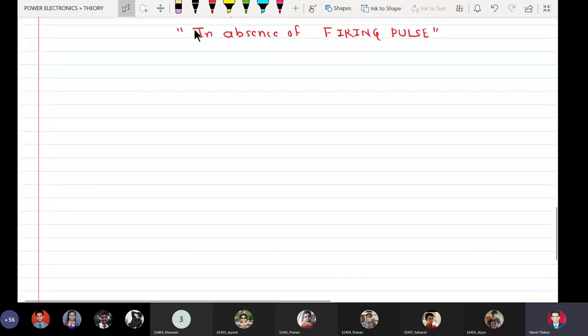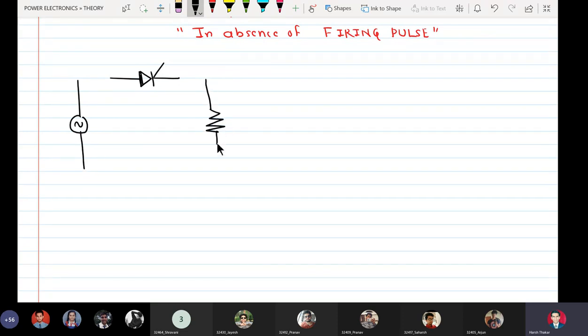Now let us consider a setup where I have applied a single phase AC source to an SCR. Okay, so here I have my SCR. This is my gate terminal. And here is my single phase AC source, and here I am having a resistive load.